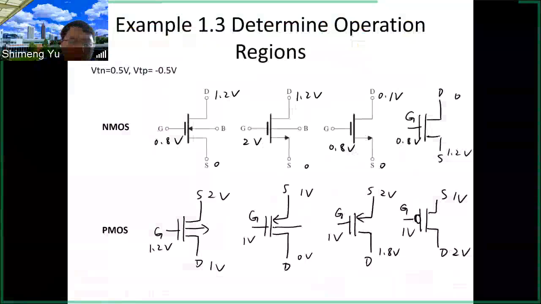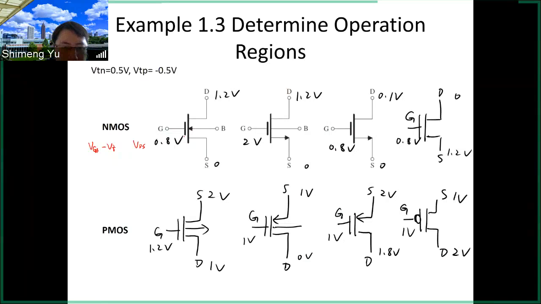So we need to look at VGS minus VT compared to VDS. Here you see VGS is 0.8, VT is 0.5, and VDS is 1.2.